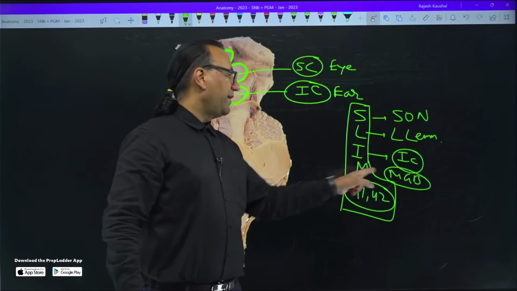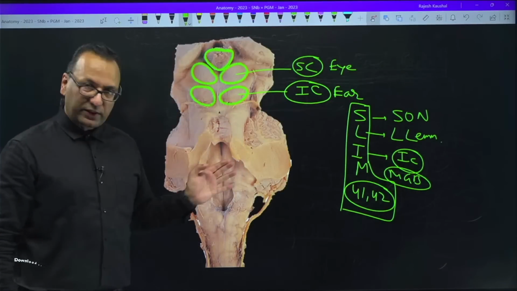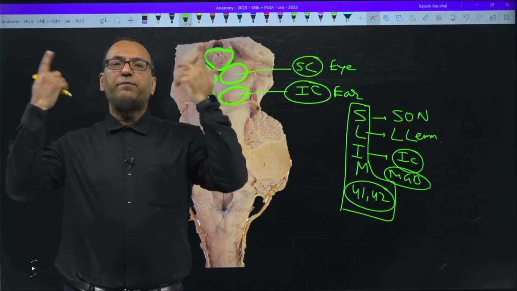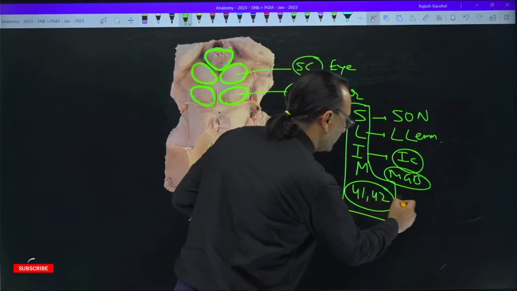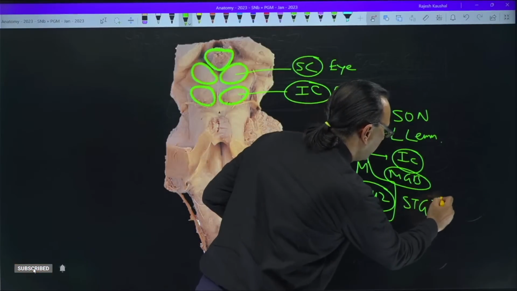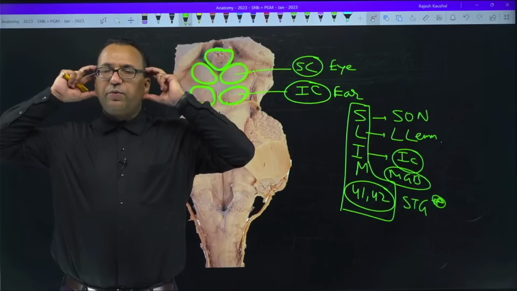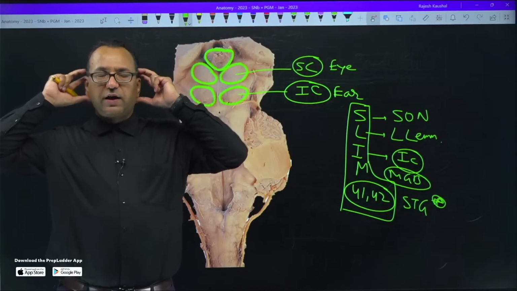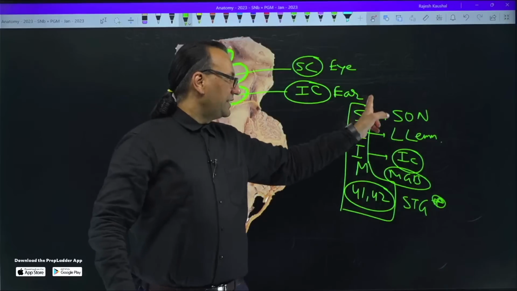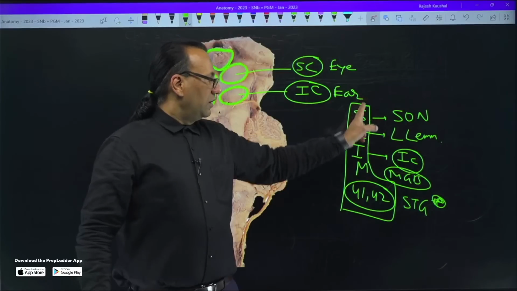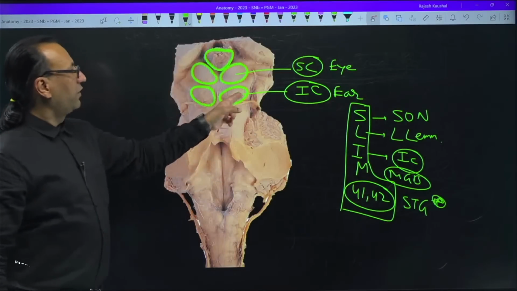After that, the information will go towards the cerebrum, area number 41, 42, superior temporal gyrus. So deep to the ear, you have the temporal lobe, superior temporal gyrus, area number 41, 42. That is the sequence you have to remember for your auditory pathway. In the auditory pathway, inferior colliculus will come.